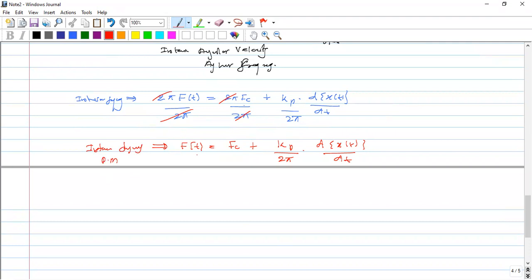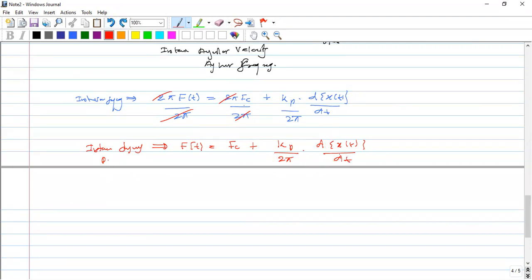So when we were doing that example, I forgot this derivation. I forgot this derivation and this 2π. So this is the correct one.